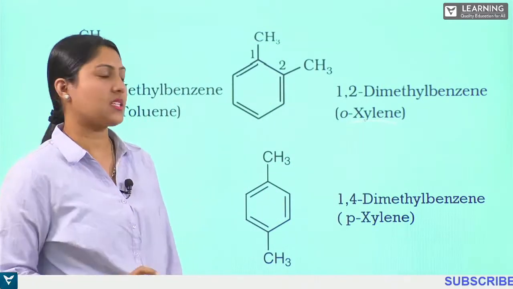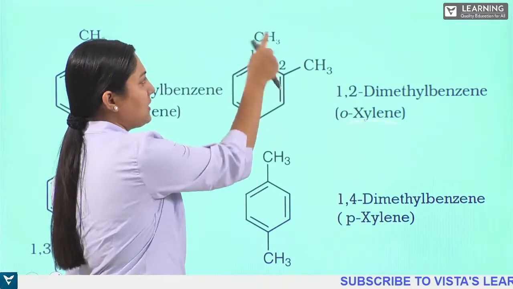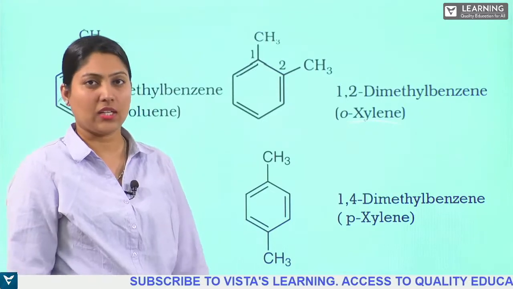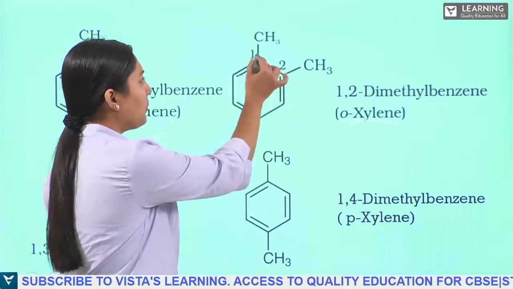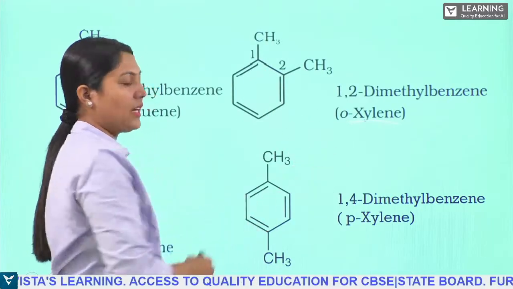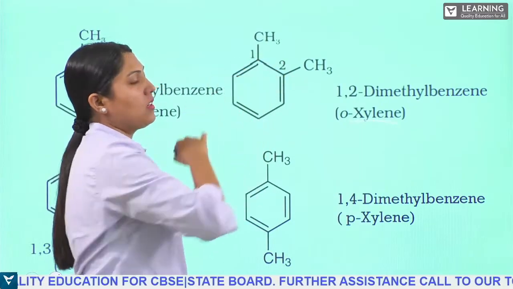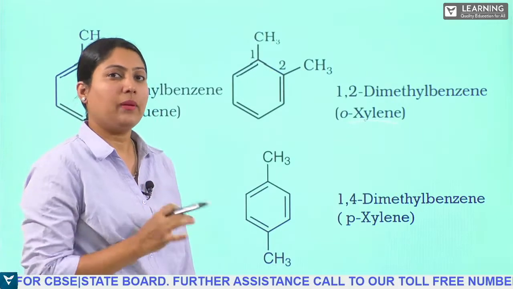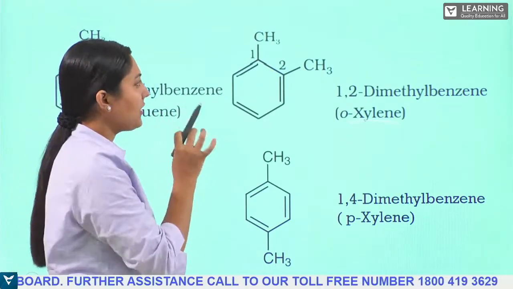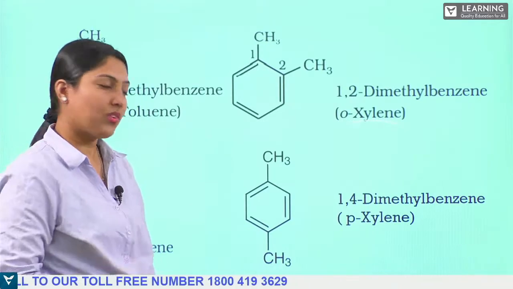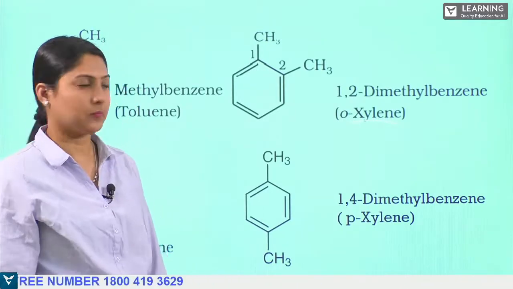What do you mean by xylene? If the benzene ring has been substituted with 2 CH3 or methyl groups, then it will be called xylene. And the positions given by ortho, meta and para tell you where those substituted methyl groups are positioned. So either 1, 2 or 1, 3 or 1, 4.